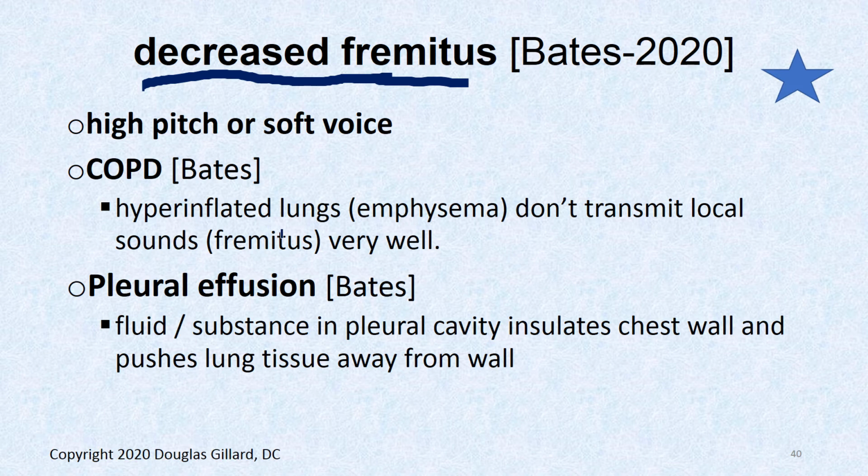So you'd have most likely bilateral fremitus loss in someone with COPD. Pleural effusion, you might have a unilateral loss. The effusion pushes the lung tissue. Anything that pushes the lung tissue away from the chest wall decreases the transfer of fremitus across that space.